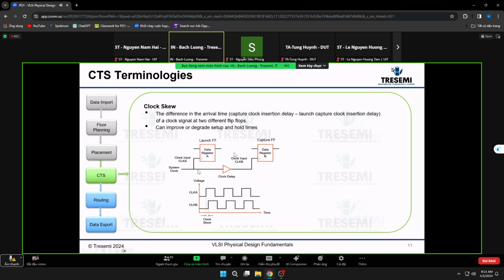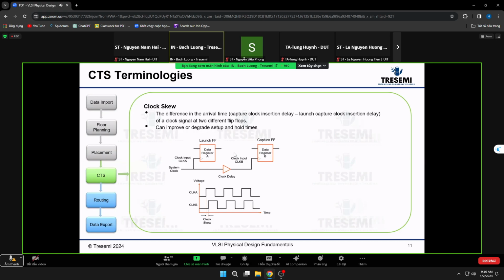So the clock skew will be the difference. This will be the launch arrival time, which is the insertion delay for this clock pin, and then the capture delay will be here. So let's say this is time 0, this is 1 nanosecond arriving here, and then the clock at flip-flop B arrives at 2 nanoseconds.